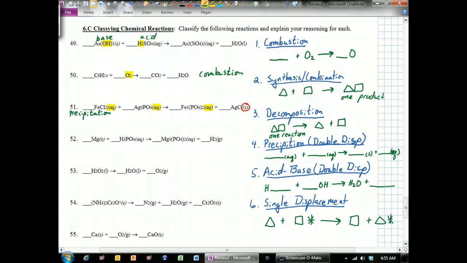And products are made by double displacement. 52, you have an element reacting with a compound to make a new compound and a new element. So the best one that fits for this is the single displacement, where you have an element and a compound making a new element and a new compound. So this is a single displacement.